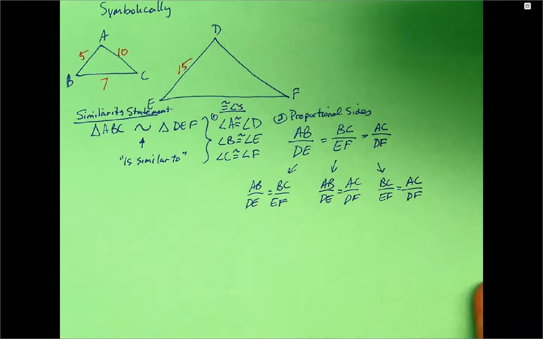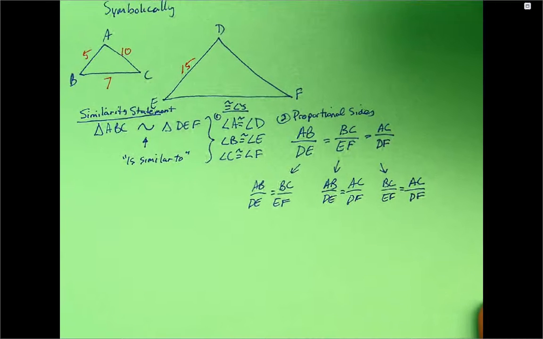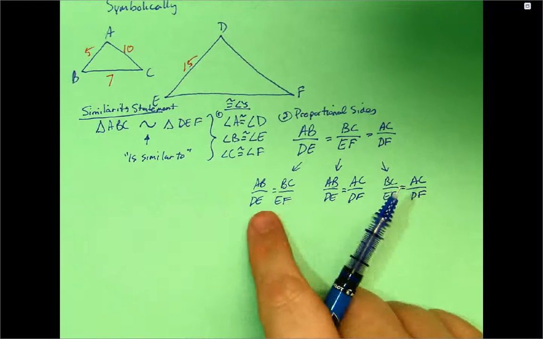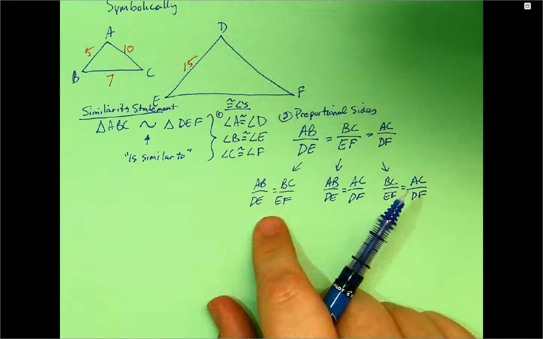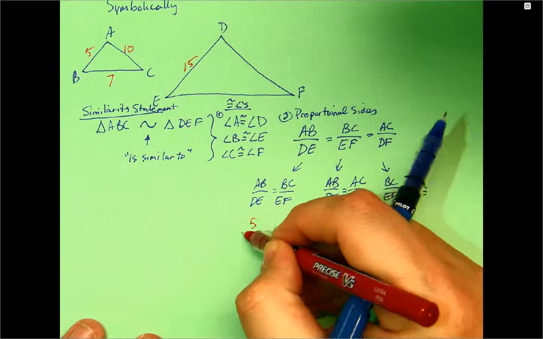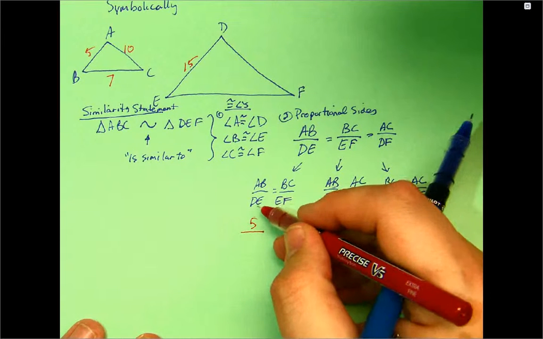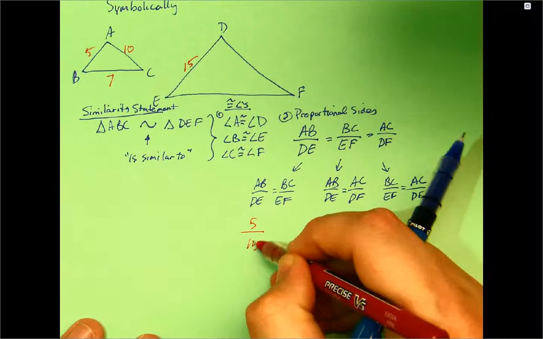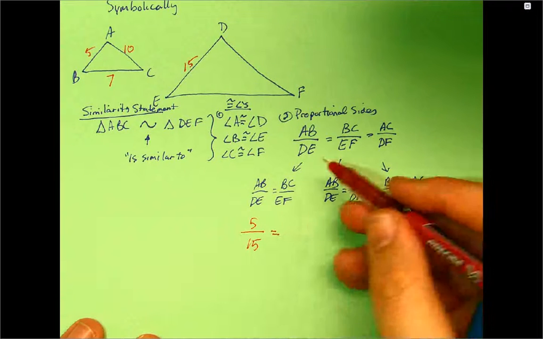Now, do I know any of the values? Do I know AB? If I just take a look at this one first, do I know AB? All right, I know 5. AB is 5. Do I know DE? It's 15. Do I know BC? It's 7.